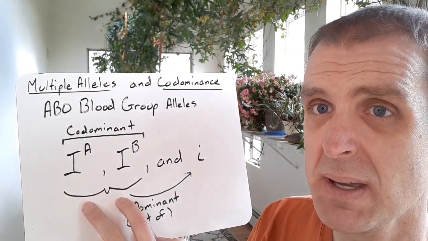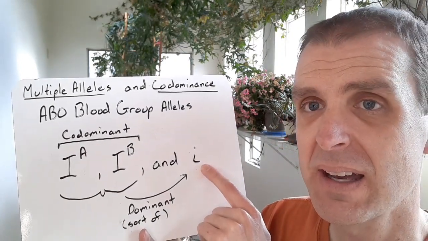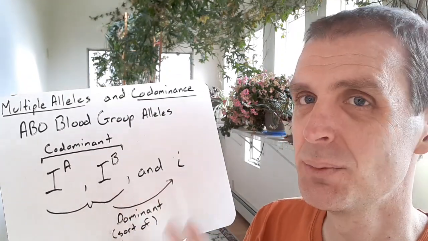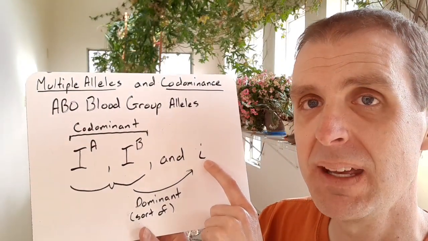The A and the B are dominant to the final one, i, and I say sort of because it's not exactly what is meant by dominance, because this i doesn't really make anything.